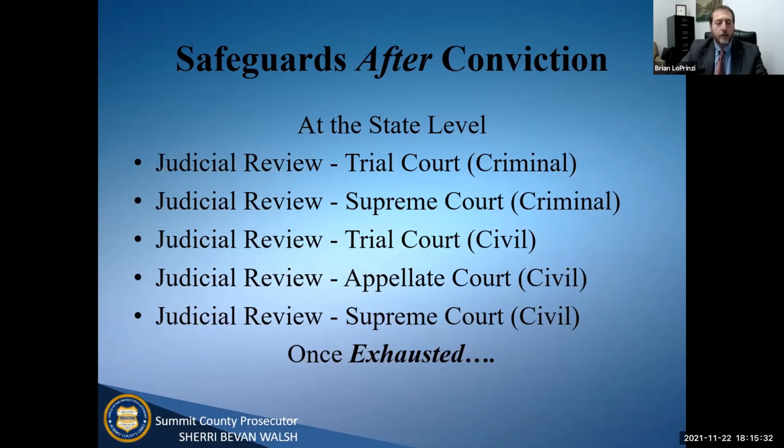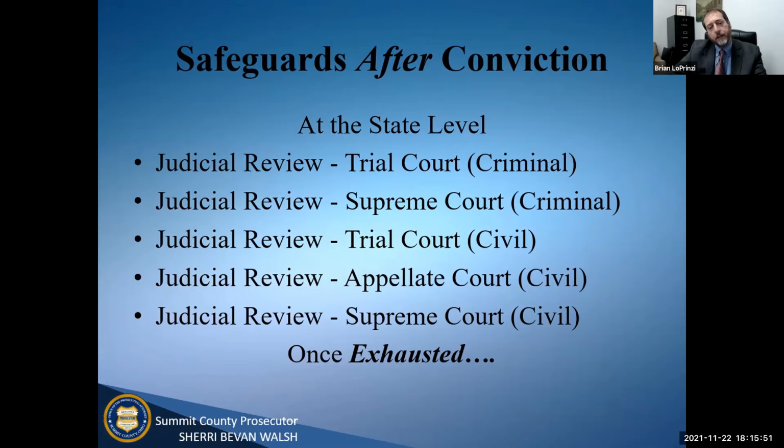So you would have a trial court, just like the criminal trial court, review your case, and you could have a trial on that. And if that doesn't work, then you could appeal that to the Court of Appeals in Ohio. If that doesn't work, then you can appeal it to the Supreme Court of Ohio again under the civil process.